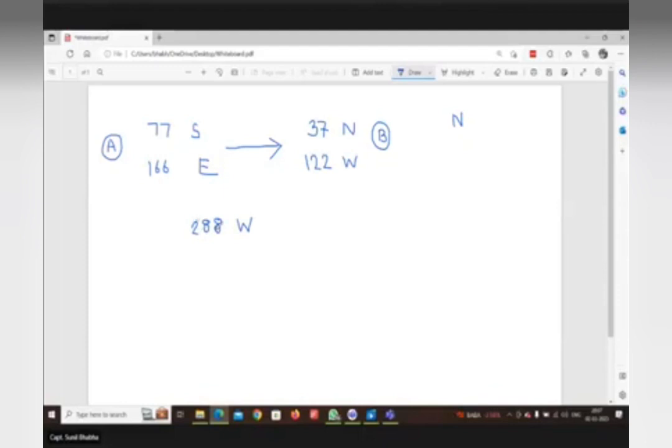Now this value has come out greater than 180, so I will subtract it from 360. 360 minus this, right? So when I do that I get a value of 72 degrees. And when I subtract it from 360, I have to change the name. So this west changes to east.